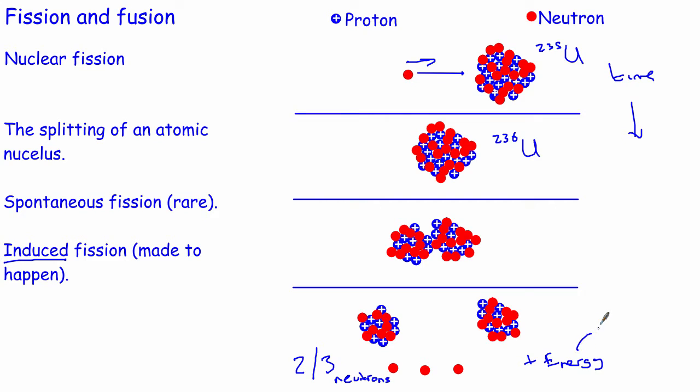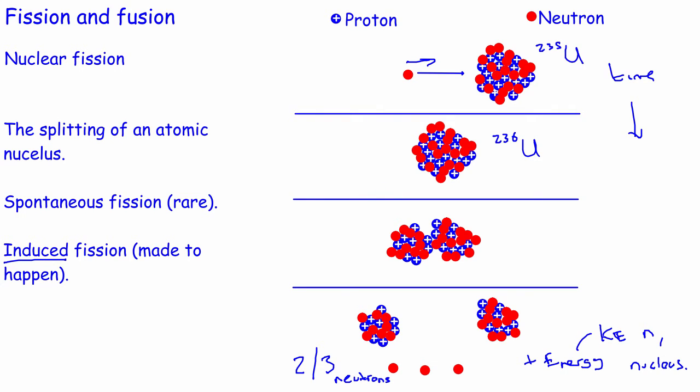The energy is in the form of the kinetic energy of our neutrons and also our nuclei, which will be moving around. We can extract that kinetic energy and use it in our nuclear power station, for example. So that's the process of nuclear fission.